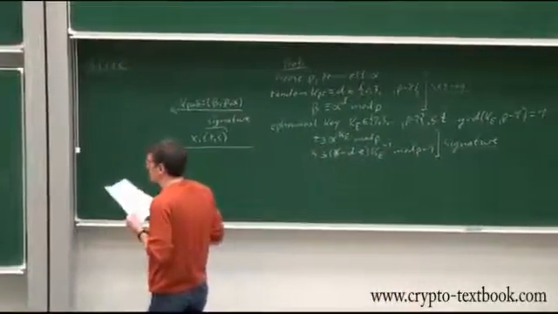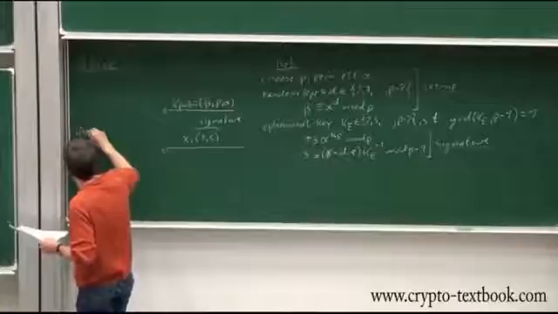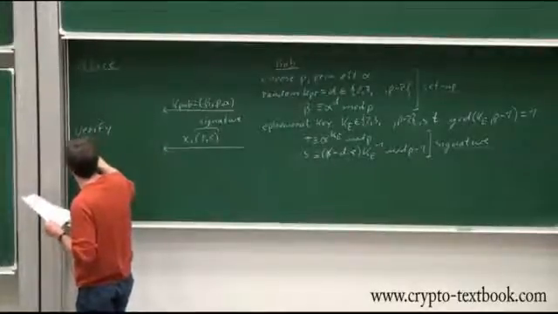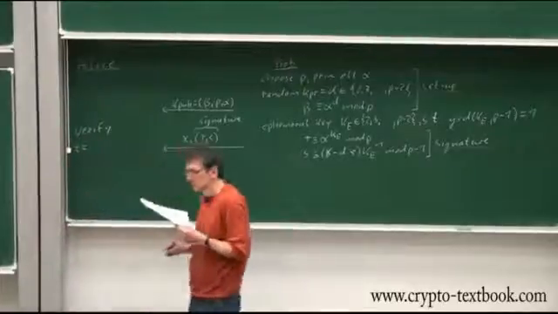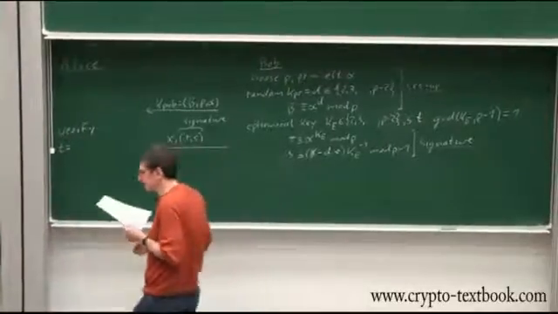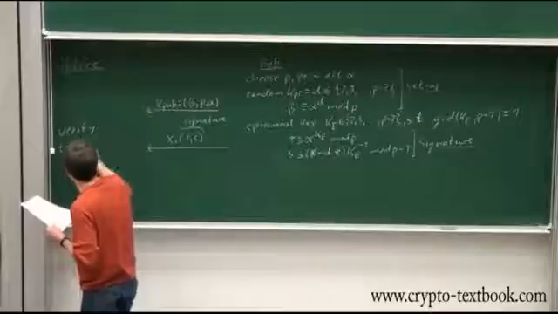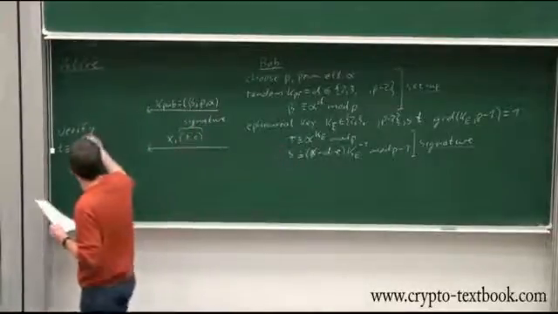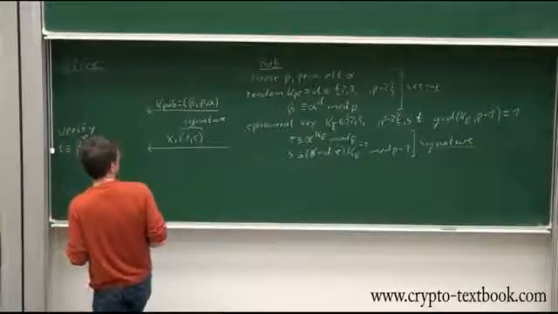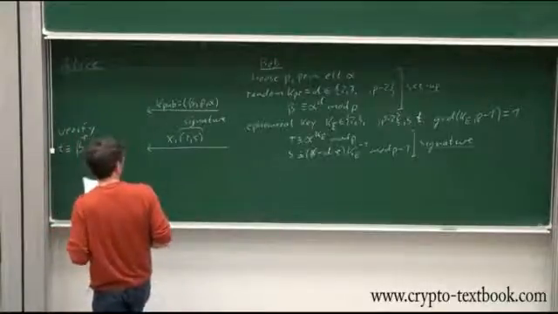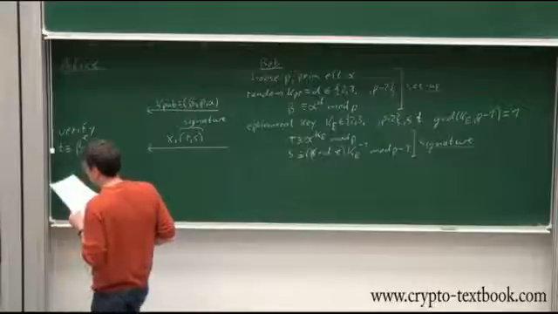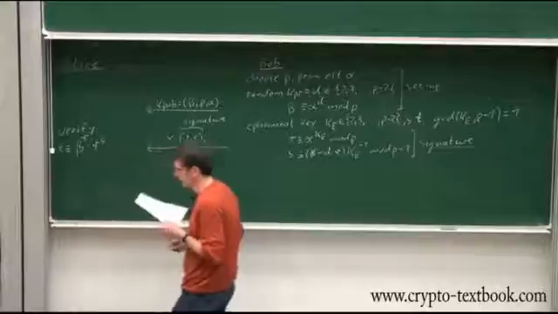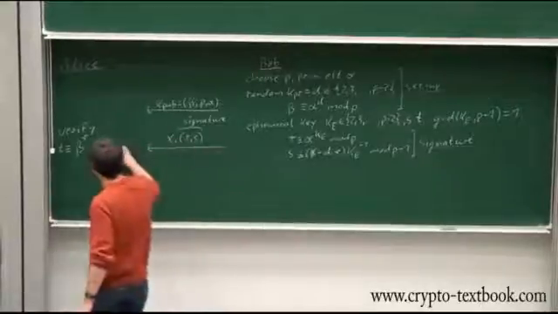Now upon reception, Alice has to verify. What does she do? She computes this auxiliary parameter t, which is beta, which is the public key, raised to the rth power multiplied by r raised to the s power mod p.